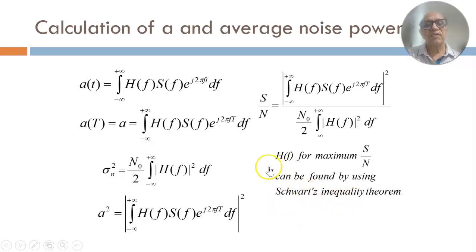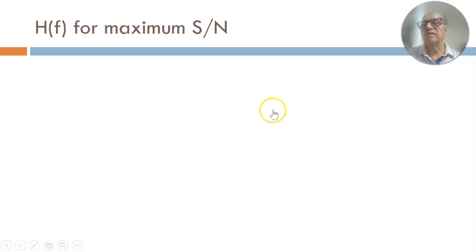And once you get the expression for H(f), that is the expression for H(f) for maximum S by N. So I am skipping these steps, but I'm just indicating the method by using Schwarz inequality theorem. You can get the expression for H(f), and we will now simply see what this expression is. We'll directly look at it.